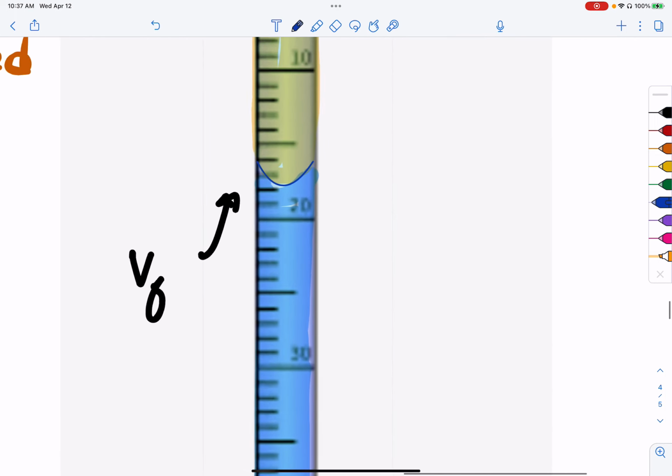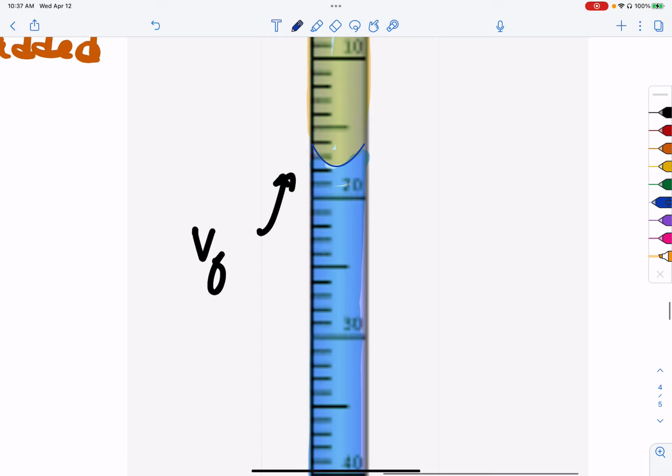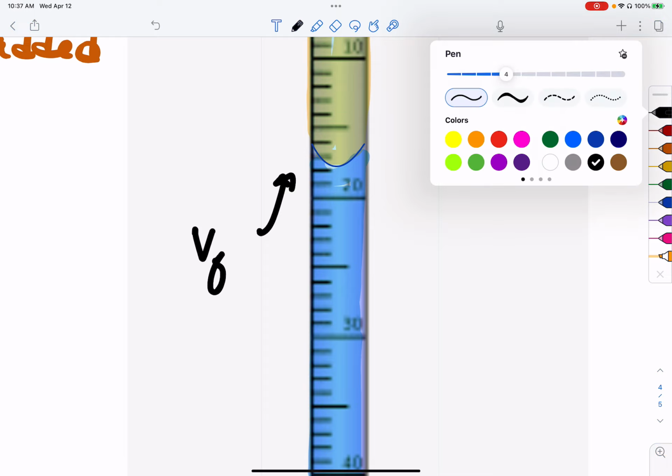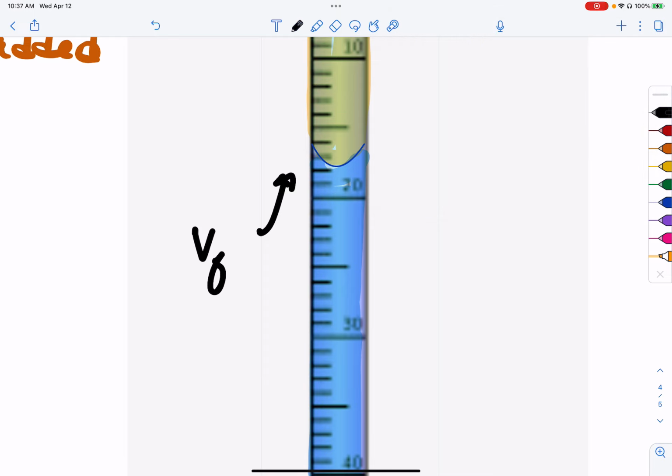Let's see if I can find the meniscus of my final volume. So again, let's see if I can approximate where this meniscus is. It doesn't look to me like it is quite meeting that blurred line there. It looks a little bit below it. So I'm going to start from here, my 15 mL line, and read going down.